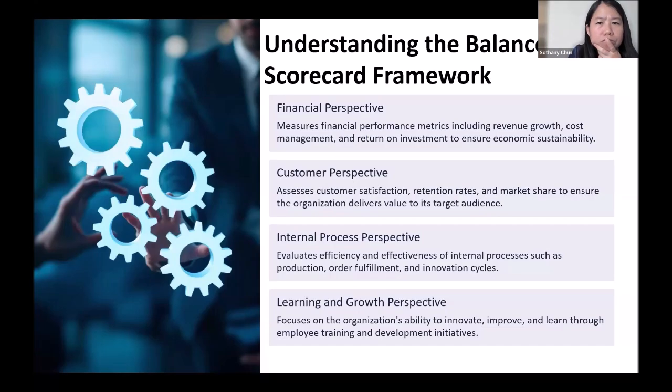From the financial perspective, we refer to how we look to the shareholder. It is the financial health, measured through financial statement analysis of profit growth, revenue growth, and cost control. We also need to consider the net profit margin and return on investment.